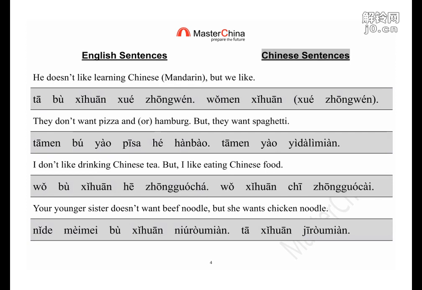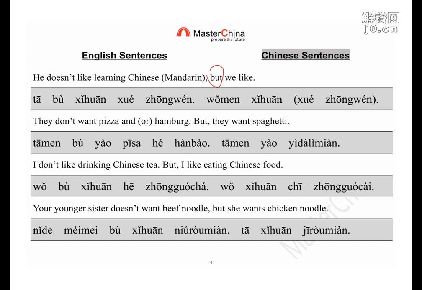他不喜欢学中文，我们喜欢。Second one also can be 我们喜欢学中文。So not like 不喜欢 here, but that's connection words. Do you remember our rule?